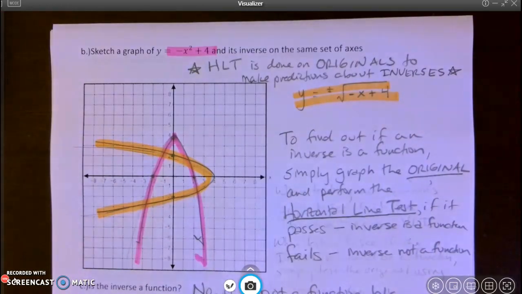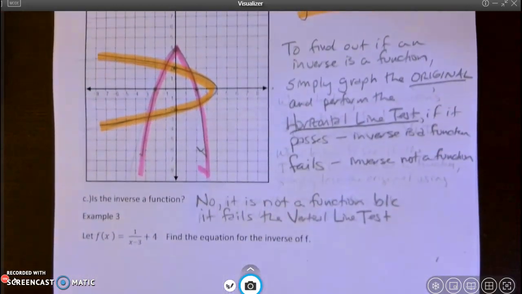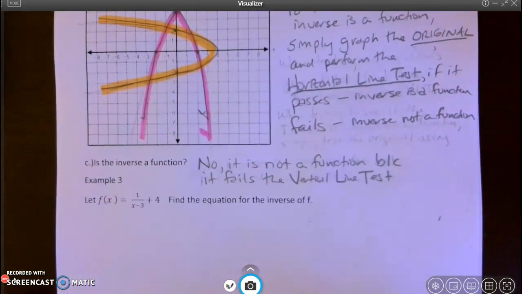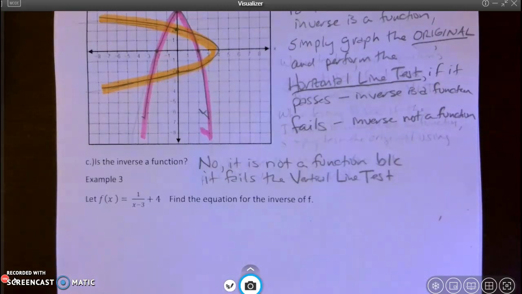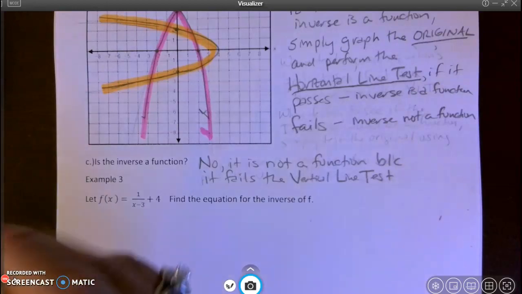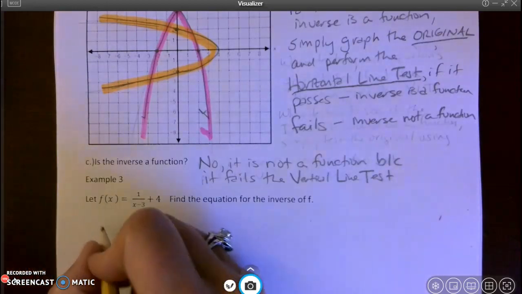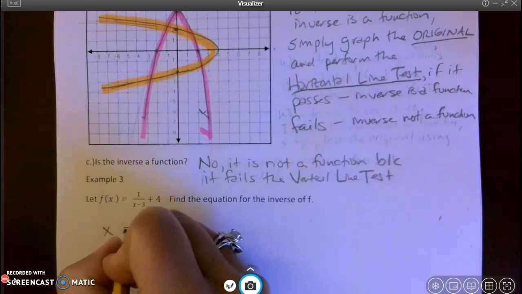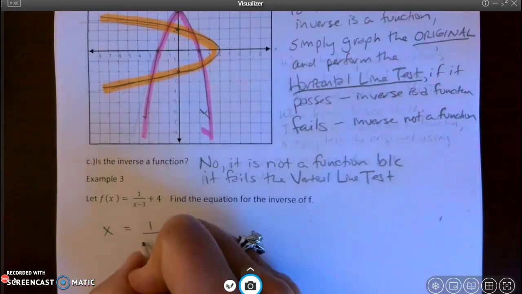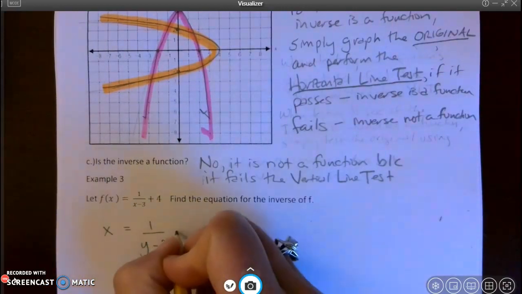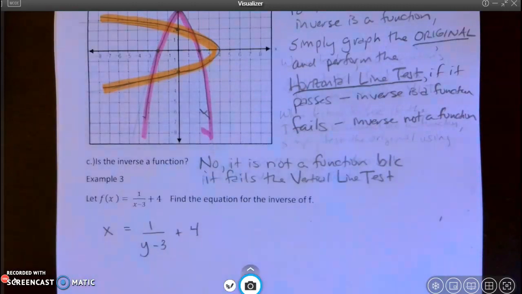All right, our next example, example 3. Let f of x equal 1 divided by x plus 3, plus 4, and find the equation for the inverse of f. Remember, our first step is to switch x and y. So x equals 1 divided by y minus 3, plus 4.